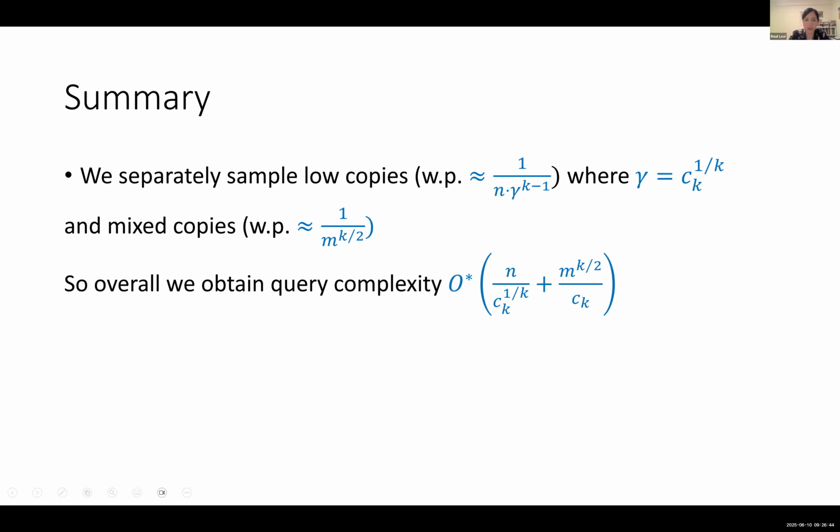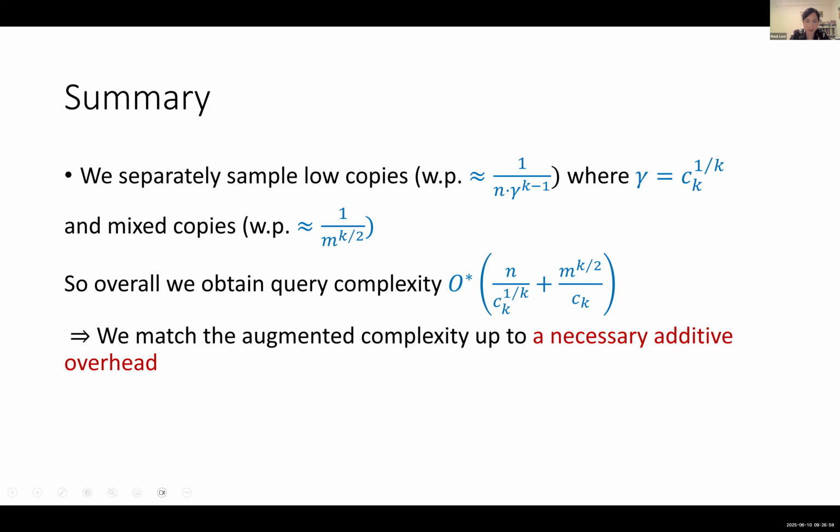So overall, we obtain a query complexity which is n over gamma plus m to the power of k over 2 over the number of copies, which is tight for odd cycles. In particular, we also match the complexity in the augmented model up to a necessary additive overhead that emerges in the standard model.